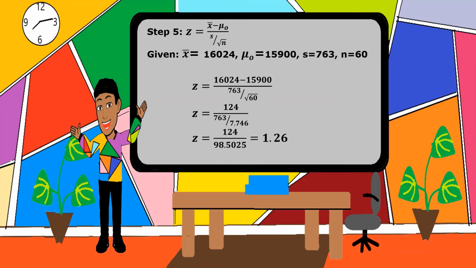Moving on, our z is equal to 124 over 98.5025. The 98.5025 comes from 763 divided by 7.746. So, using our calculator, we can simplify our z, which is equal to 1.26.